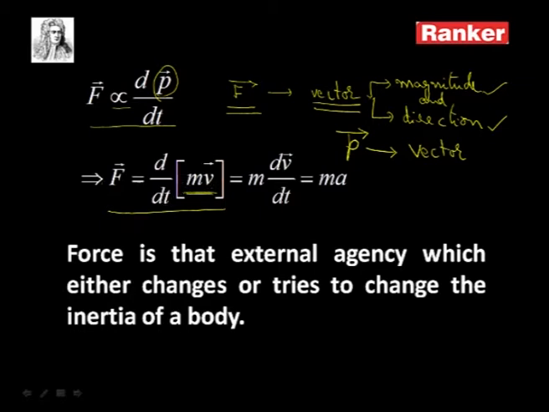Therefore, F bar equals d by dt of mv can be rewritten this way. That implies m into dv bar by dt, which of course we can write as ma, that is mass into acceleration.